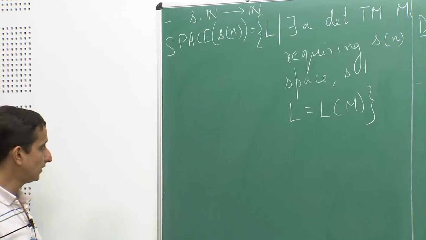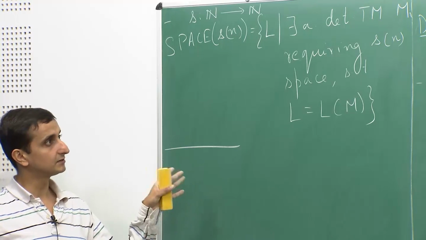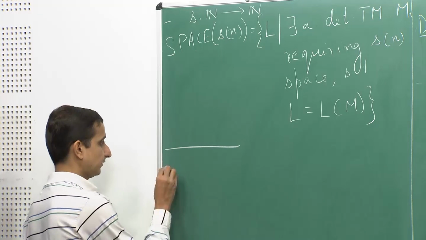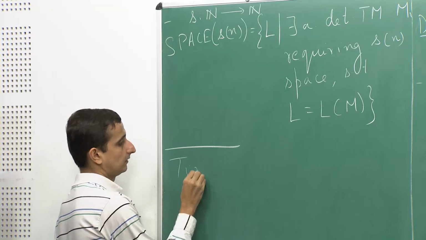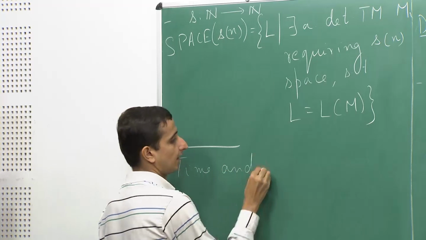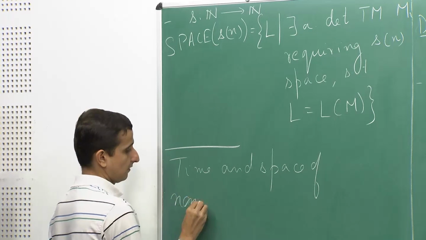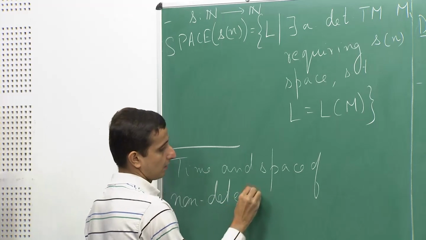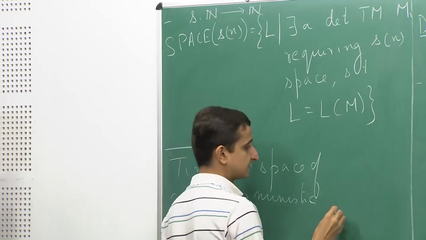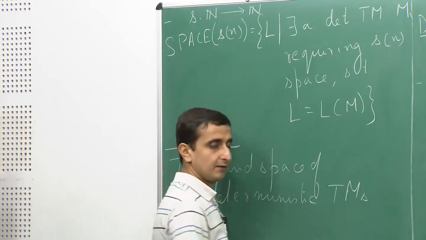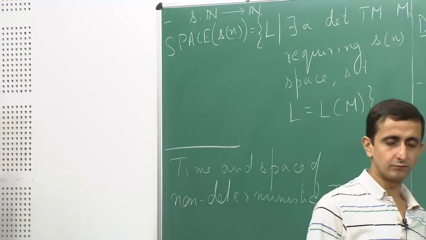Okay. So, now all these was for deterministic Turing machine. Okay. So, we can also look at time and space of non-deterministic Turing machines. Okay. So, in the case of non-deterministic Turing machines, we just have to make a call.